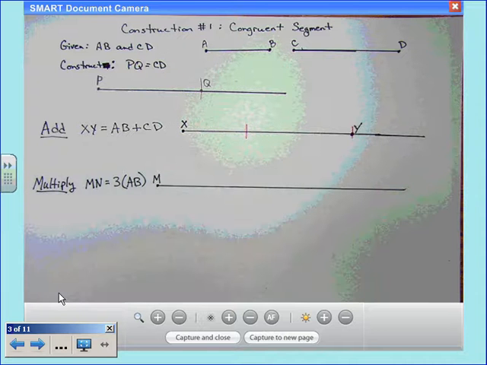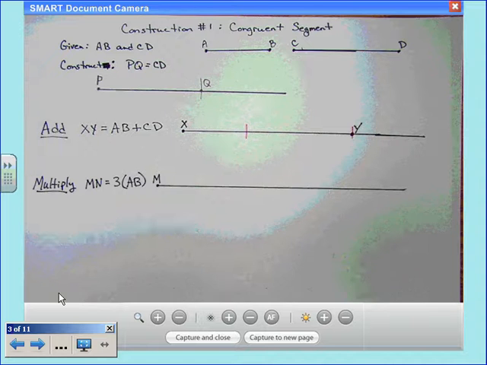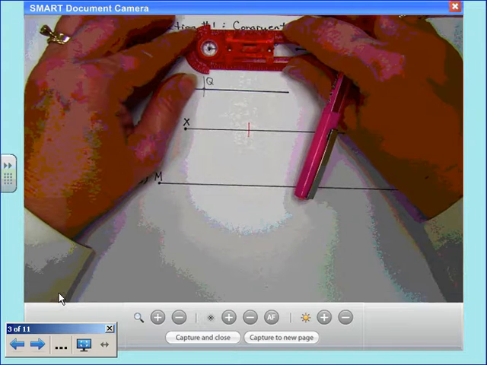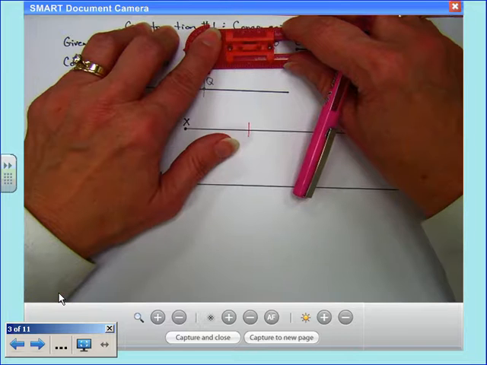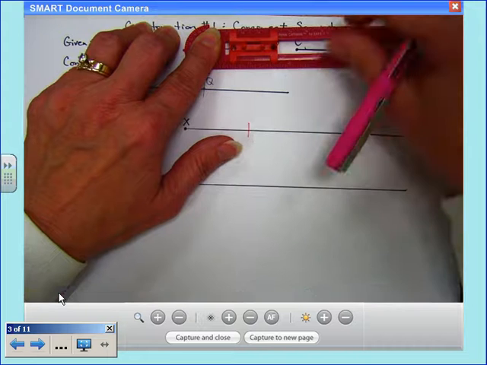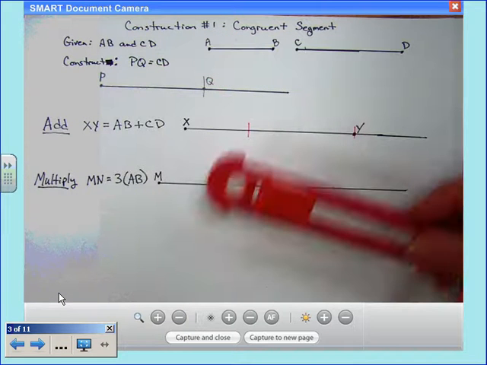Now, which segment do we measure? We'll measure segment AB. So you put the compass center at one endpoint, A, and find in the little sliding part point B. How many times will I mark this on the segment?